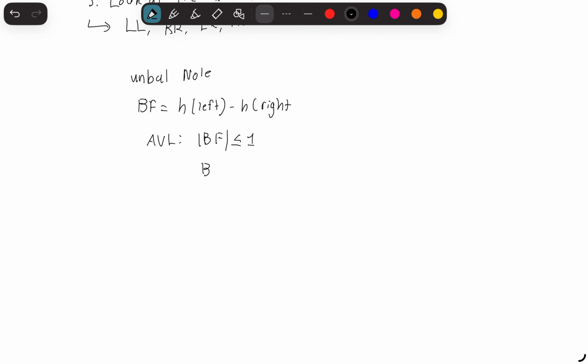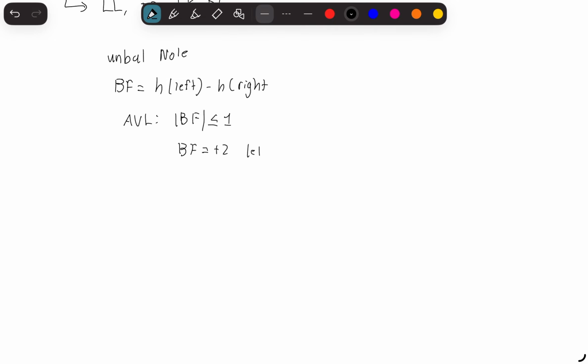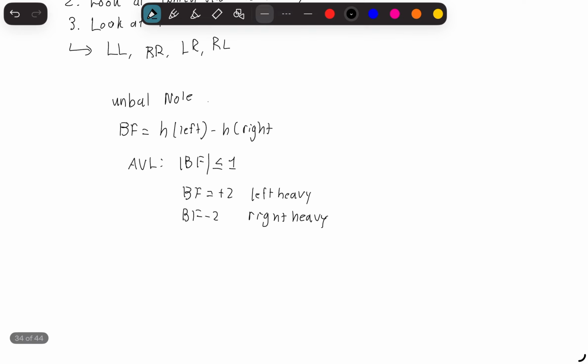So if you have a balance factor that is equal to +2, that's going to be left heavy, and -2 is going to be right heavy. So the unbalanced node, you can also call this your Z node.